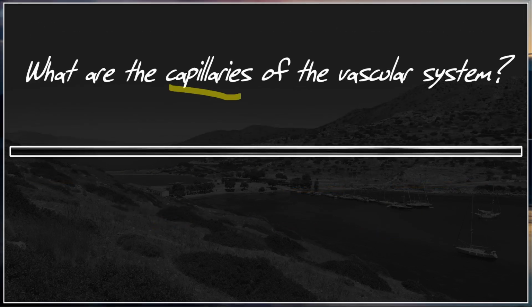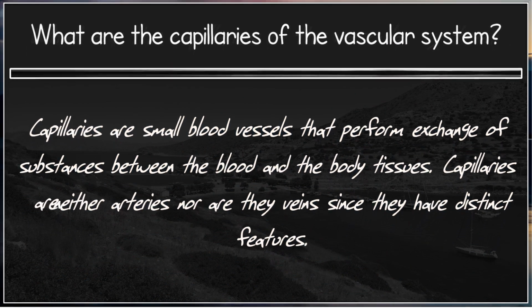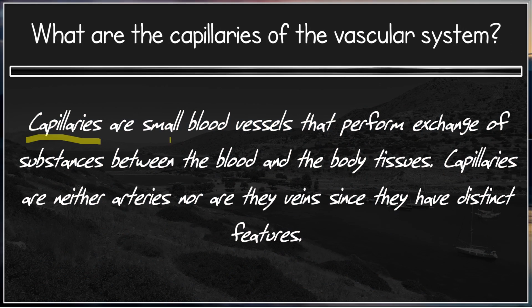What are the capillaries of the vascular system? Capillaries are small blood vessels that perform exchange of substances between the blood and the body tissue.